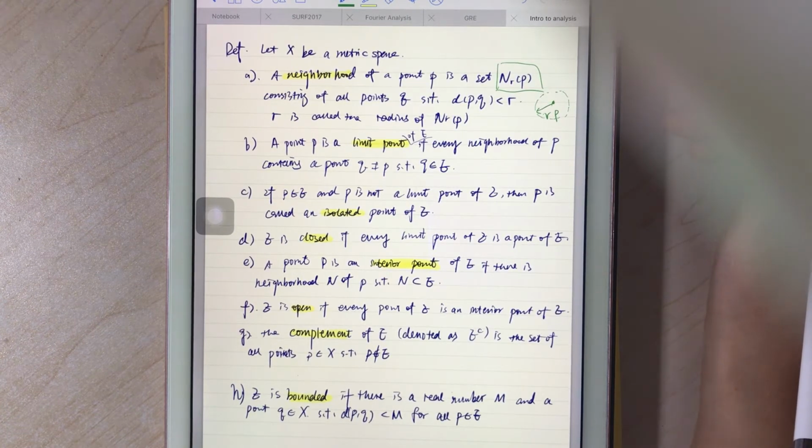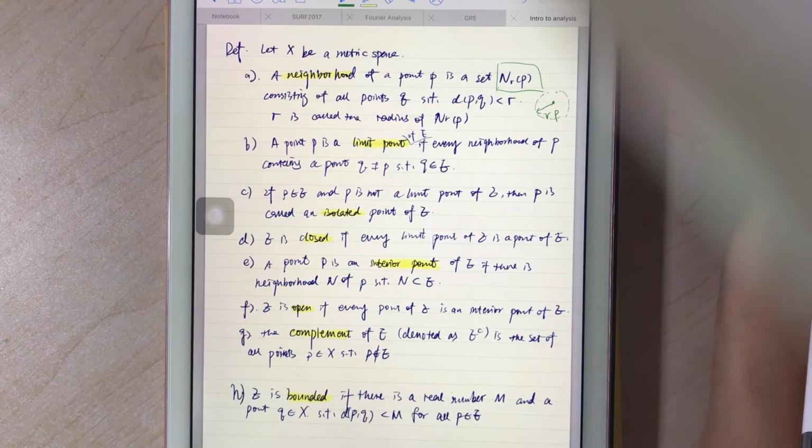But I think you have to take care, because I've already said in the previous video that the limit point of a set can be some points that do not lie in the set, right? But here, to be an isolated point, you have to be a point of E. Okay, so I think this is what you should pay attention to.